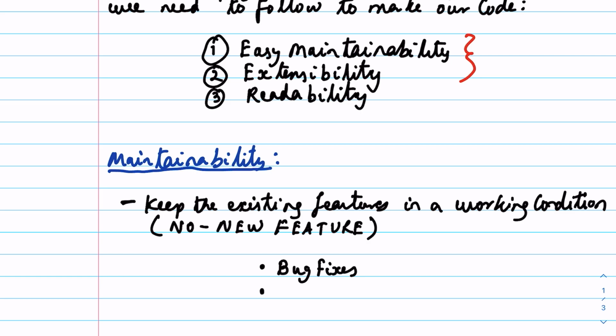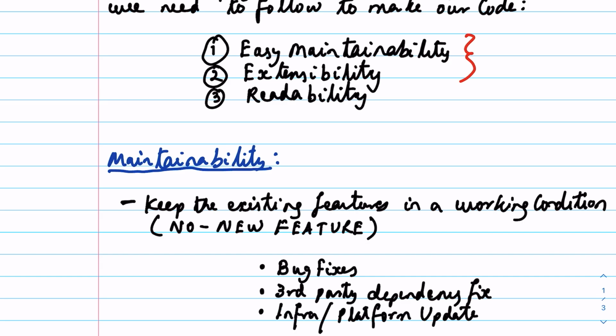We also do third party dependency fixes. The third can be a network change or interface change. So maintainability means keeping the existing features in a working condition in a code.